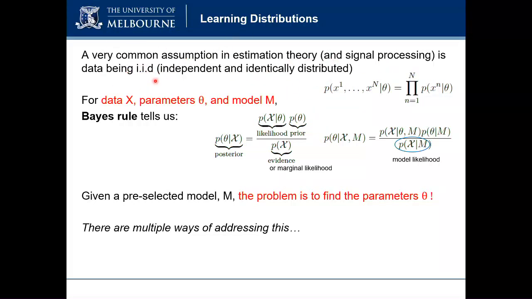This assumption is constantly made in signal processing and estimation theory, that the data points are generated by an underlying distribution, and each data point is independent and identically distributed. Identically distributed means each data point is generated by the common distribution, and they are independent of each other. They are just generated one by one, or in a batch, but in an independent way. That simplifies things.